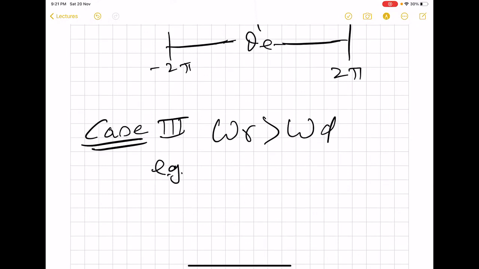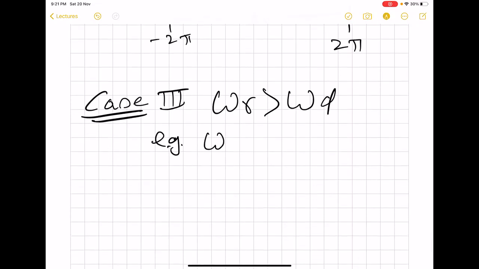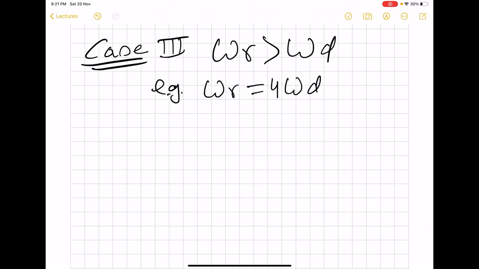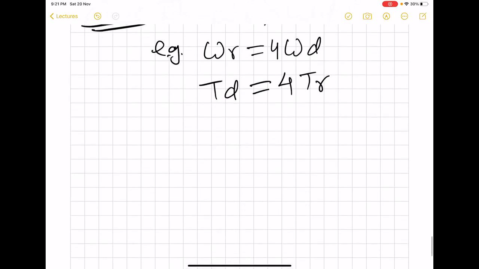We can take a certain example that omega r is equal to 4 times omega d. So that means the time period of d is going to be 4 times the time period of r. So the reference signal will change very fast, and for every 4 cycles we will have only 1 cycle of the difference. So we can now see what will happen.